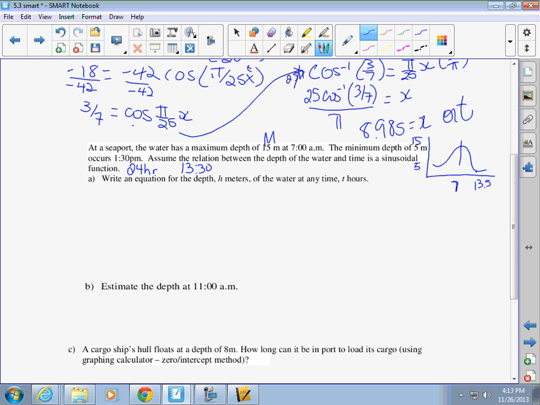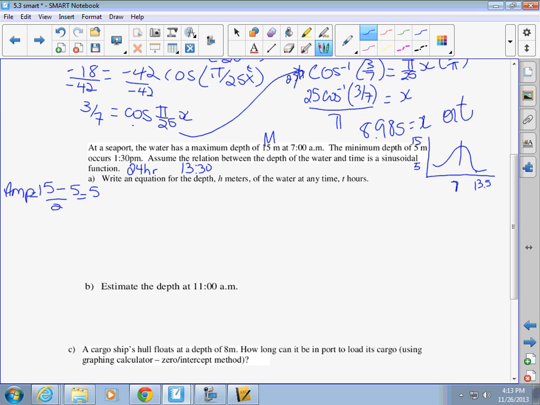So if we have a maximum at 15 meters, we can find our amplitude. Our minimum occurred at 5 meters. So 15 minus 5 is 10, divided by 2 is 5.